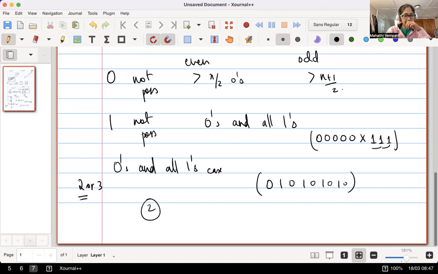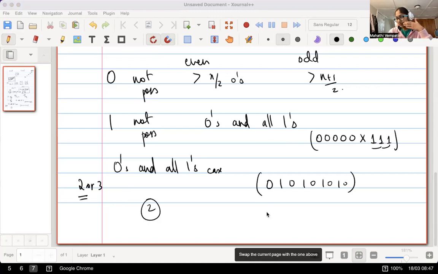Let's check examples. Now, if you have 0, 0, this is the greater than n by 2 zeros case. So that's 0 not possible. Then you check if there exists a 1.